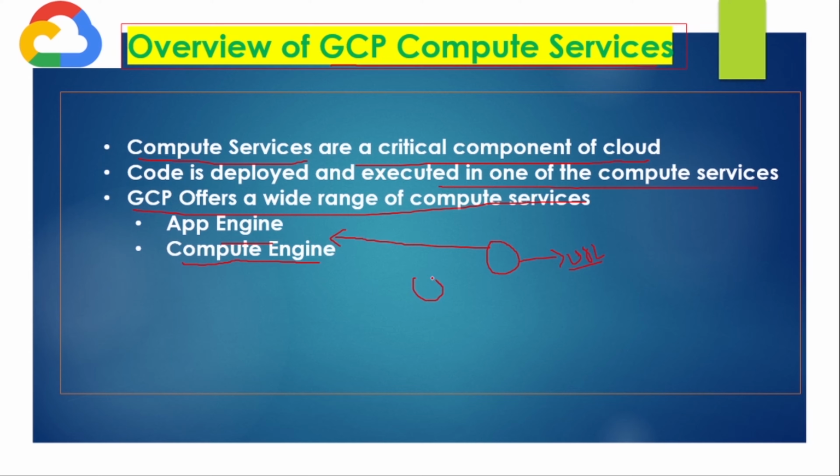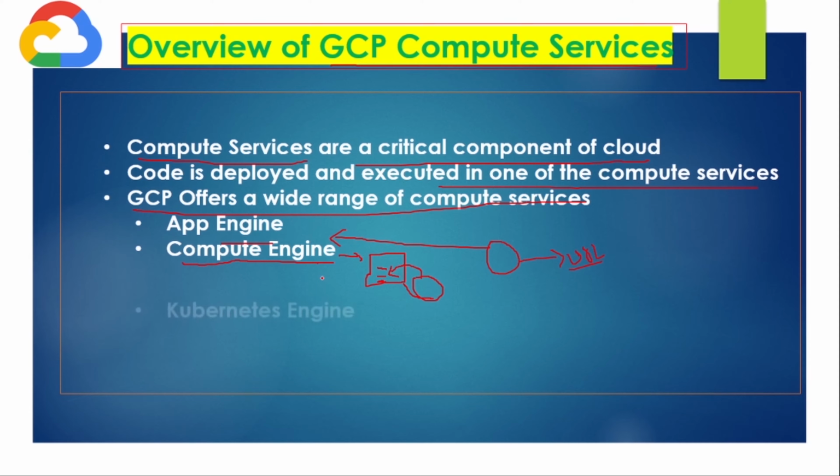You bring in a piece of code and Compute Engine provides you a virtual machine, and on this virtual machine you can install many software and whatever you want, and you can place your code in here and run your code. So this is what Compute Engine provides, a virtual machine which is more under your control.